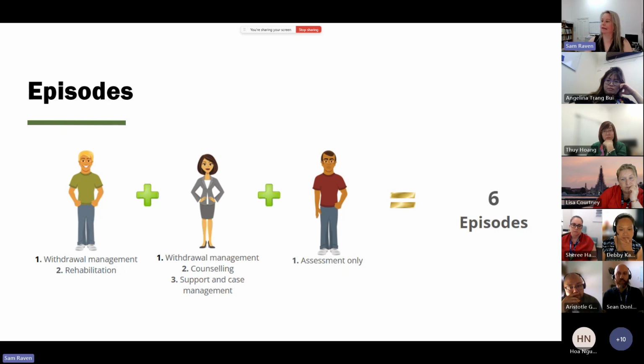And then the person on the right in the red shirt accessed a service, completed an assessment, but then perhaps didn't continue on with any further service. So they did an assessment only. So 3 clients represented on the screen for a total of 6 episodes of care. Does that make sense? And we'll talk about when an episode needs to be closed and when a new one needs to be opened for a particular client.